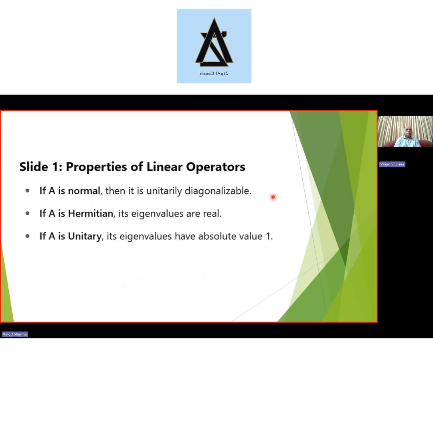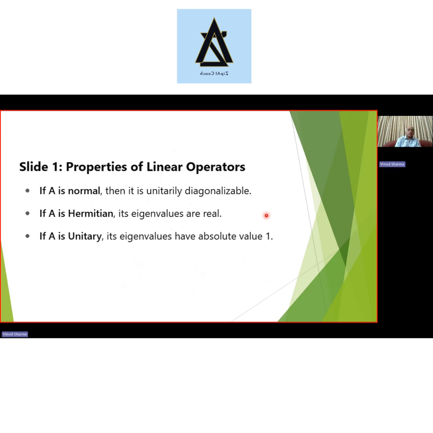Now let's discuss very briefly the properties of the linear operators that we have studied here. If A is a normal operator, then it is unitarily diagonalizable. So we can diagonalize it in such a way that the matrices associated with that will be unitary matrices.